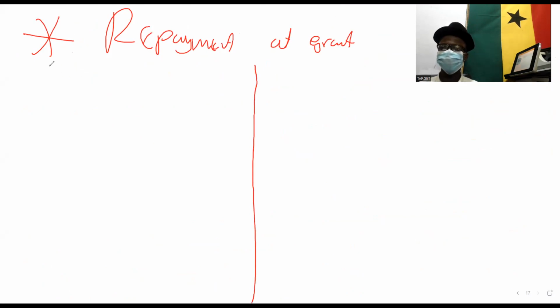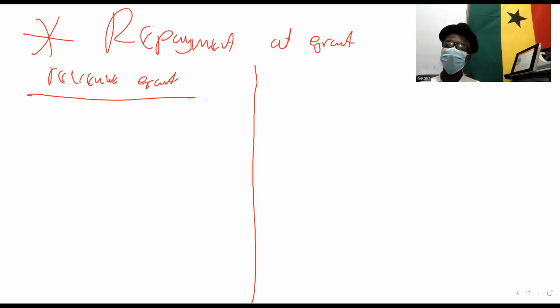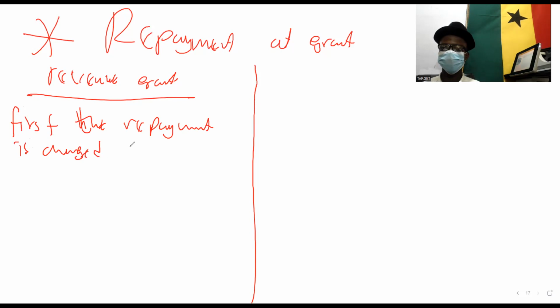First, if it is a revenue grant, the repayment should first be charged against the unamortized deferred credit.